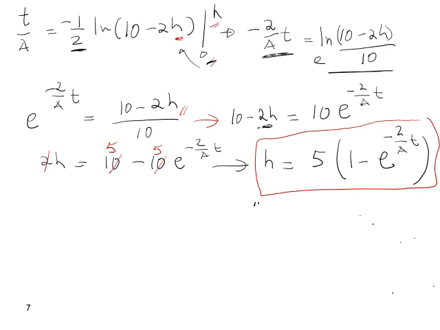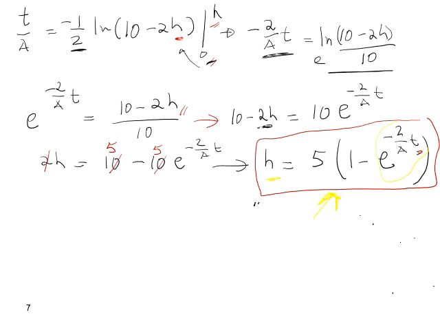Does it seem correct? I believe yes. We can check with the initial condition. Whenever t is equal to 0, this whole exponential term will be 1. 1 minus 1 is 0, 0 times 5 is 0, and h is equal to 0, which confirms our initial condition.